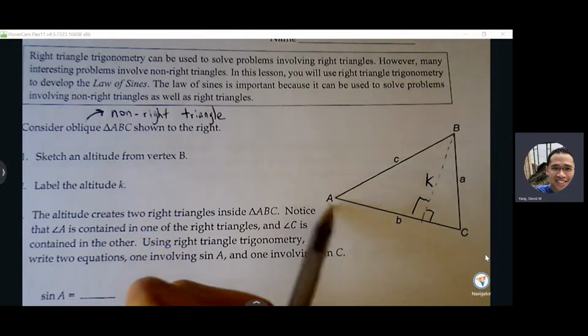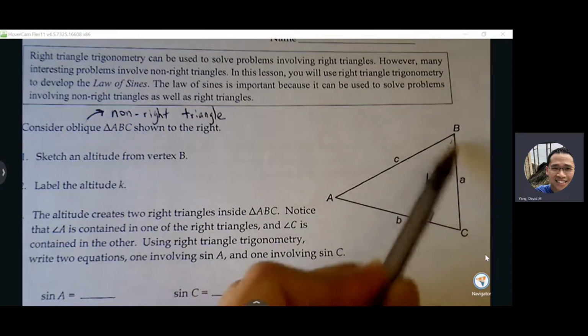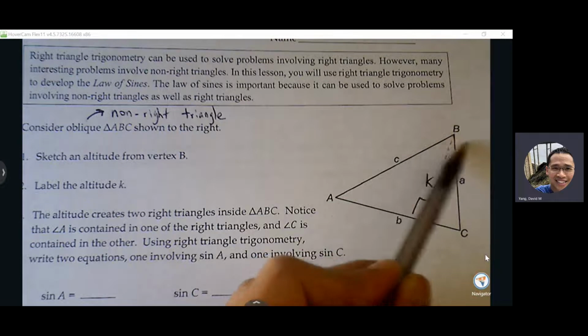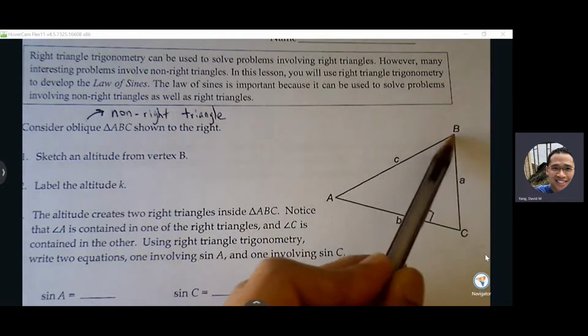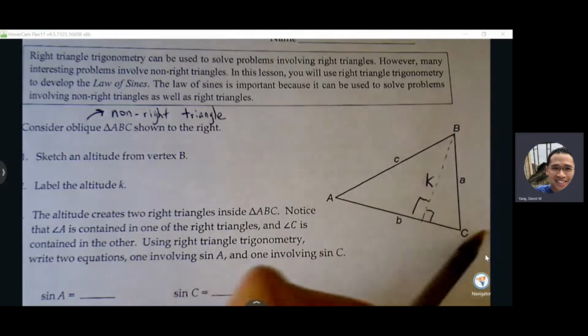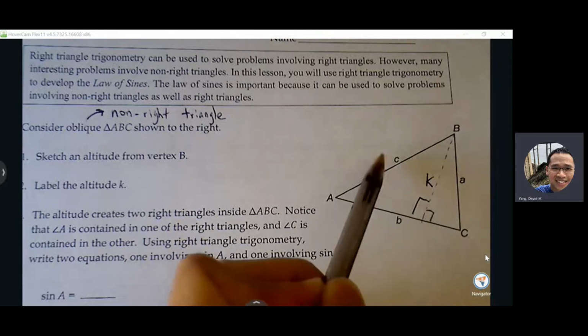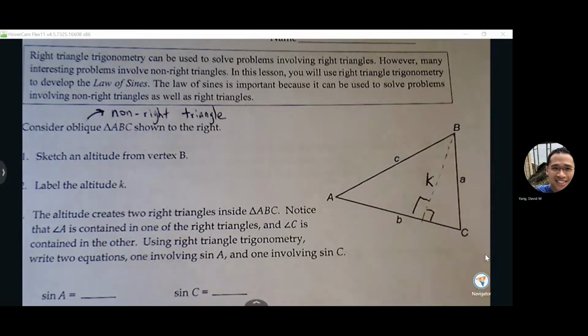So angle A is here, and across from angle A will be side a. If this is angle B, then across from it will be side b. If this is angle C, then across from it will be side c. Everybody okay with that?